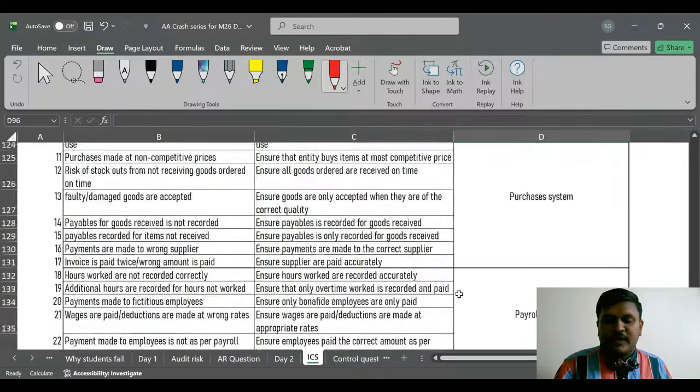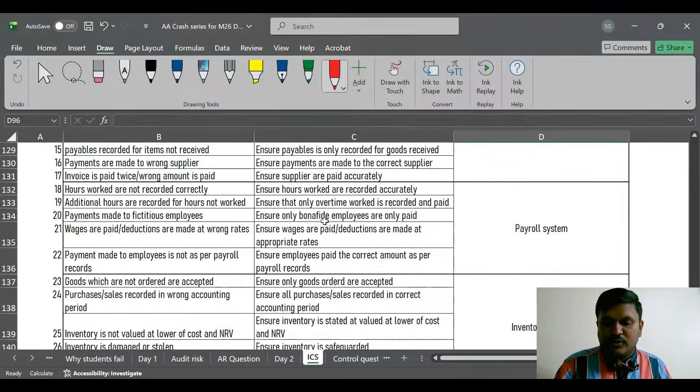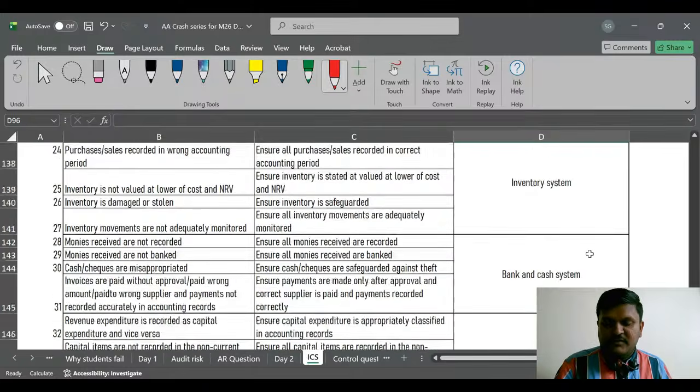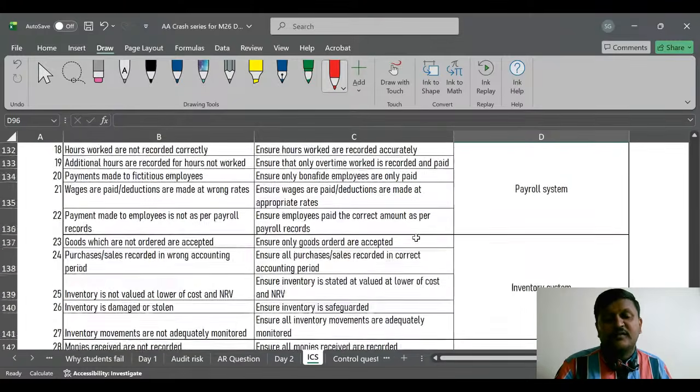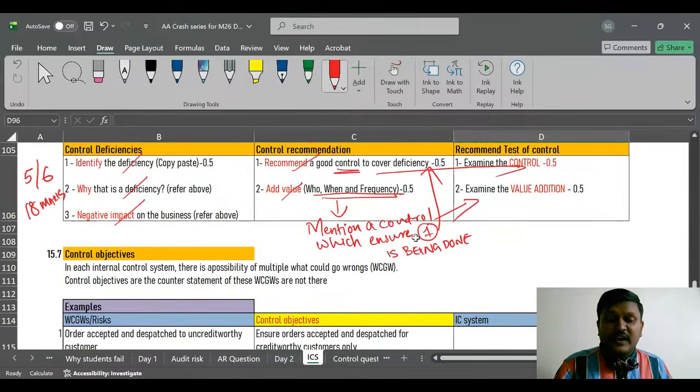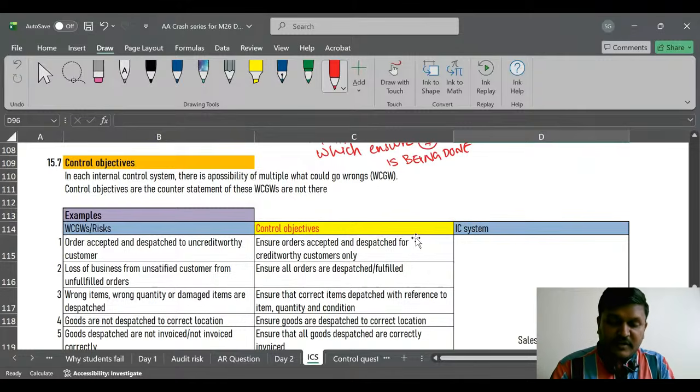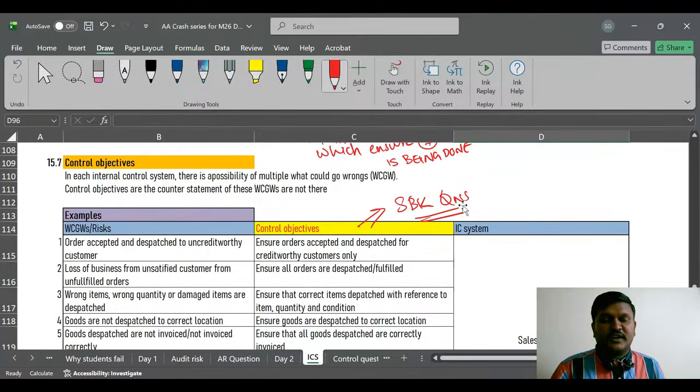For the purchase system, we could have control objectives. For the payroll system, what could be the control objectives? Inventory system, bank and cash, and non-current assets systems. So these things, control objectives relating to any of them, can again come as an SPK question. It could ask what are the control objectives of the sales system, or what are the control objectives of a purchase system.